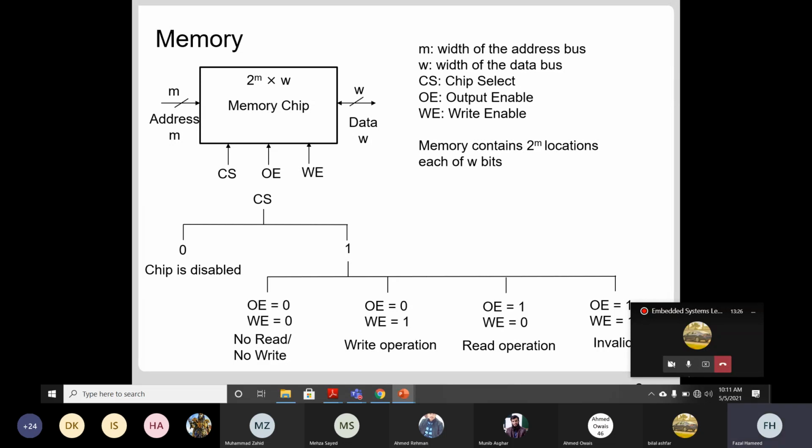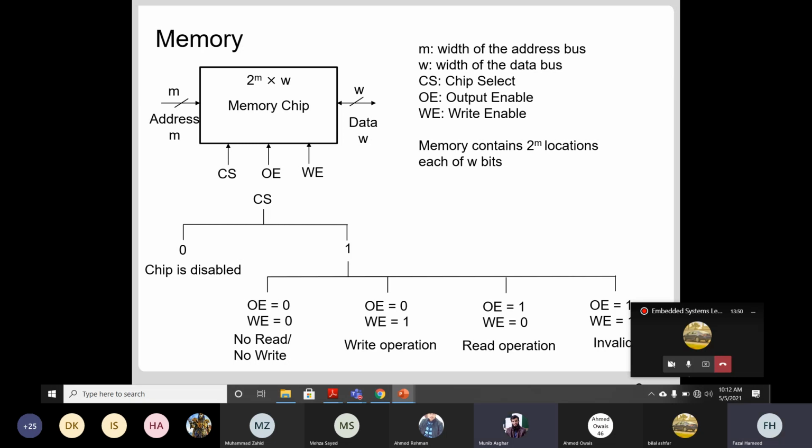The signal M is the width of the address bus. What is W, Munib? What does signal W represent?